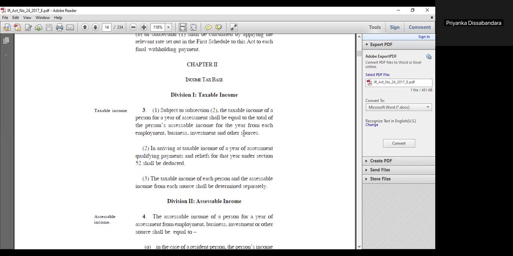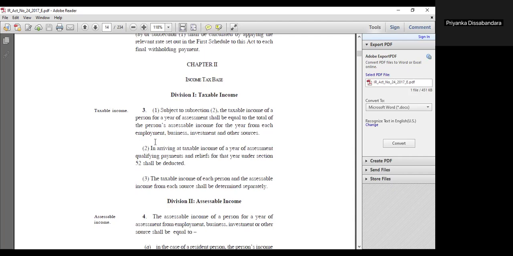I think you can remember this. That is why I calculated separately the assessable income from employment, business, investment, and other. After that, I aggregated all these 4 assessable incomes to calculate the taxable income.